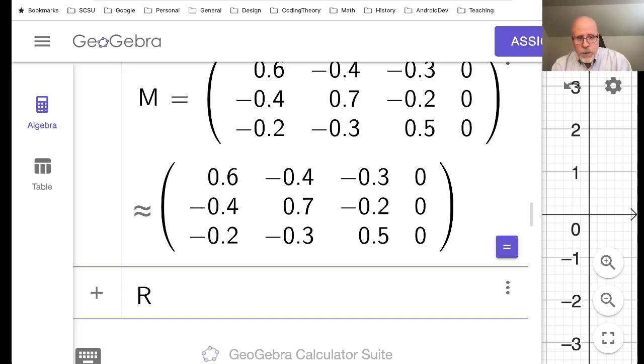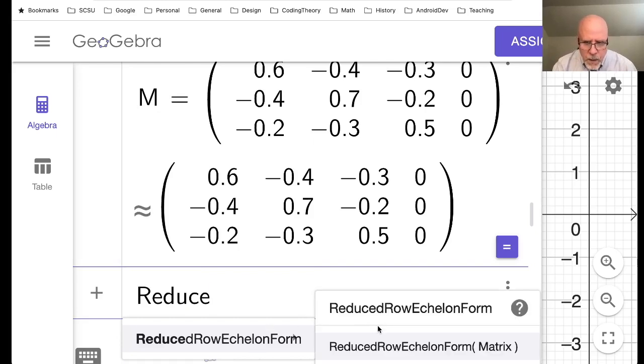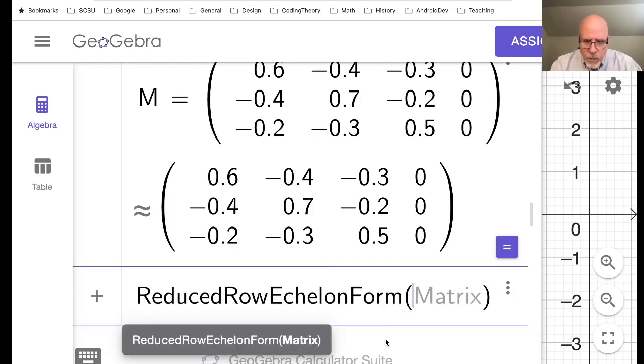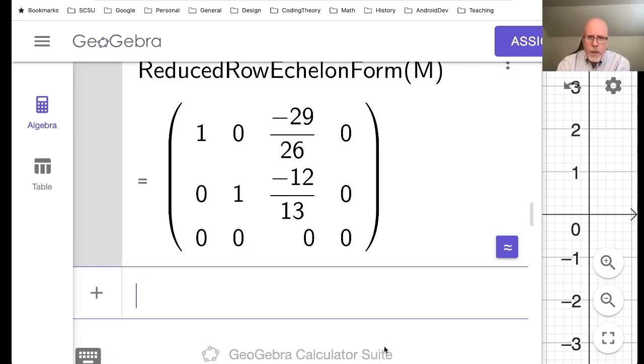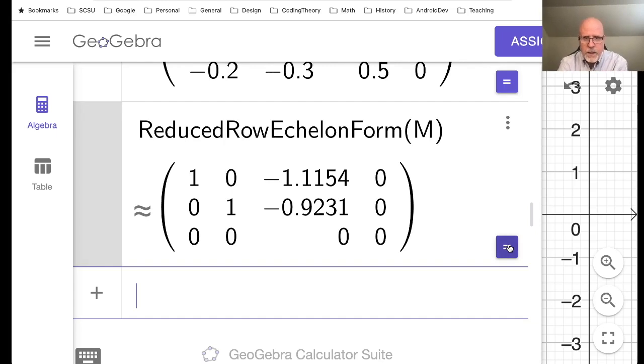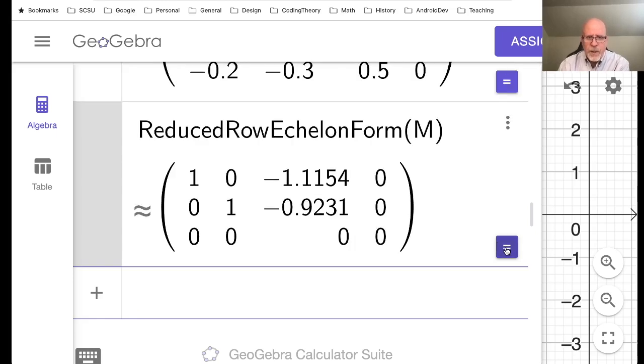Let's get the reduced row echelon form of that matrix I called M. Once again, let's take that as a decimal. If you look back at the fractions, they have 13 and 26 in the denominator, so they're not particularly nice, and the decimals rounded to 4 decimal places are pretty reasonable.